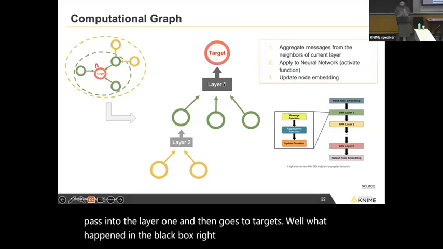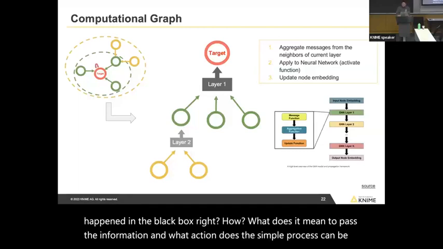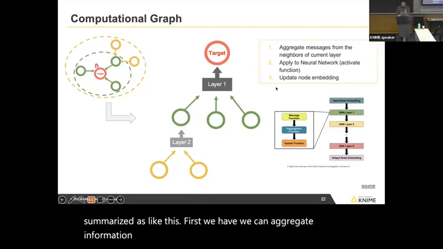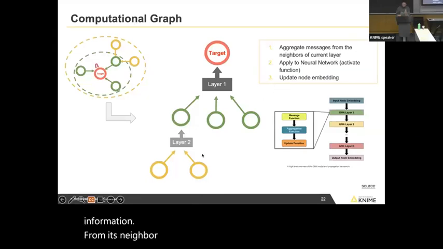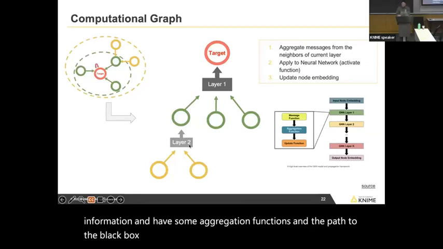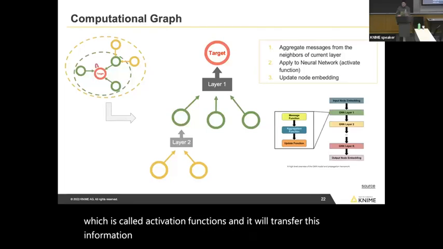What does it mean to pass information, and what does the action do? The simple process can be summarized like this. First, we aggregate information from its neighbors to the current layer, which means it gathers information, applies some aggregation functions, and passes it to the black box. In this black box, we apply a neural network with activation functions, which transform this information from linear to nonlinear.